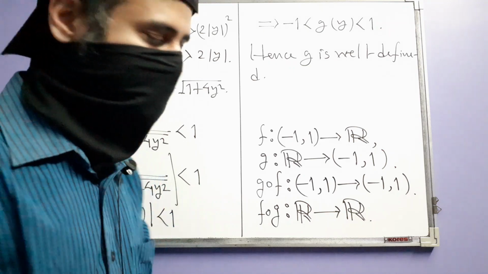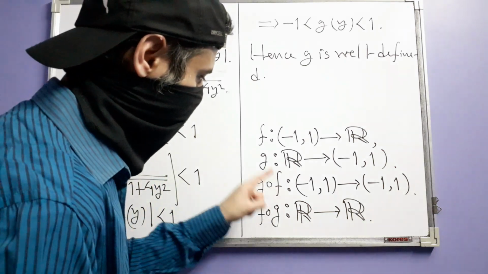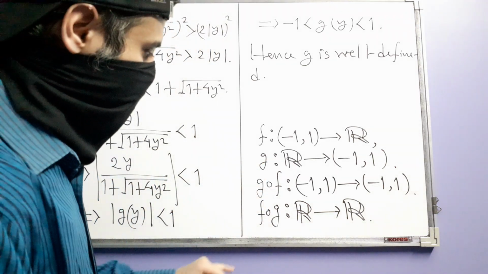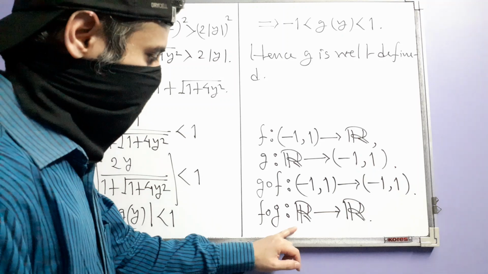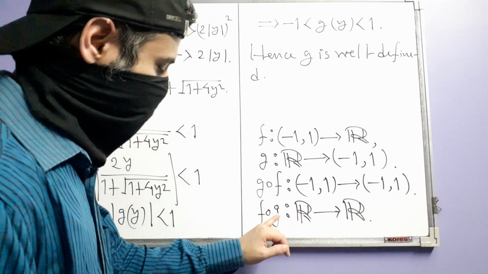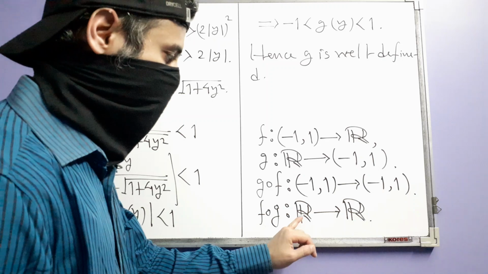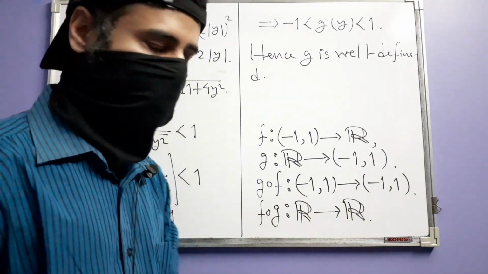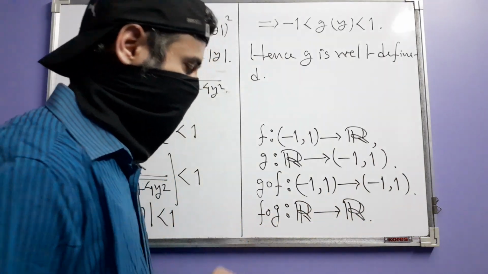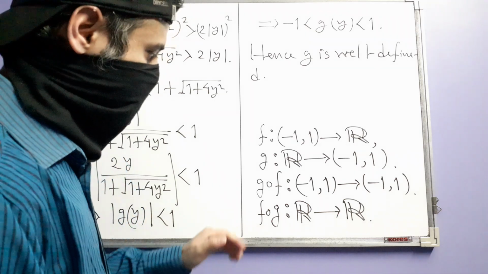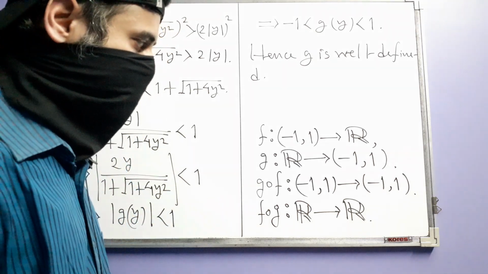If that happens, then we say that g is a left inverse of f. On the other hand, if you multiply f from the right side by g and you get the identity function from R to R, then we say that g is a right inverse of f. So we have been asked to show both of these things.